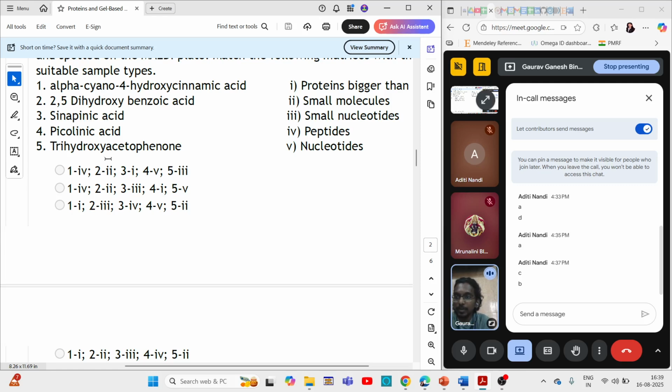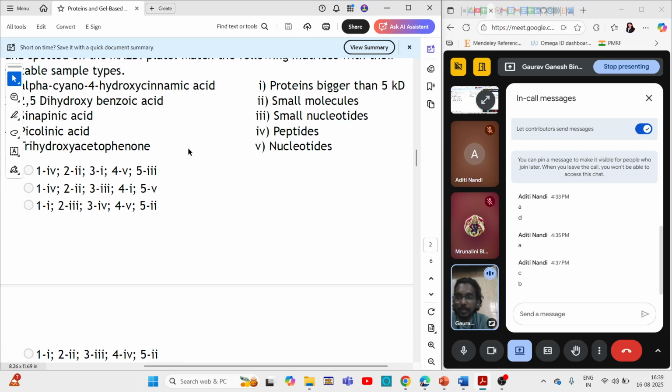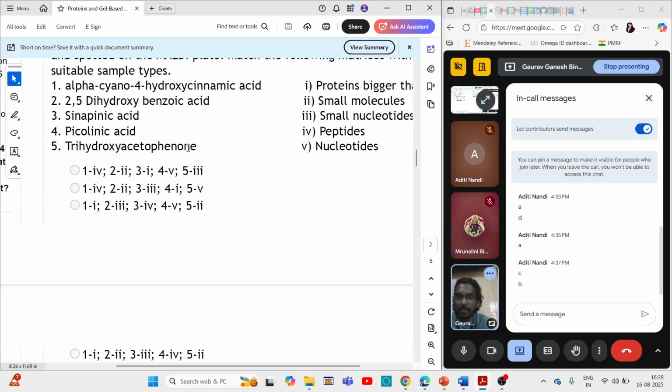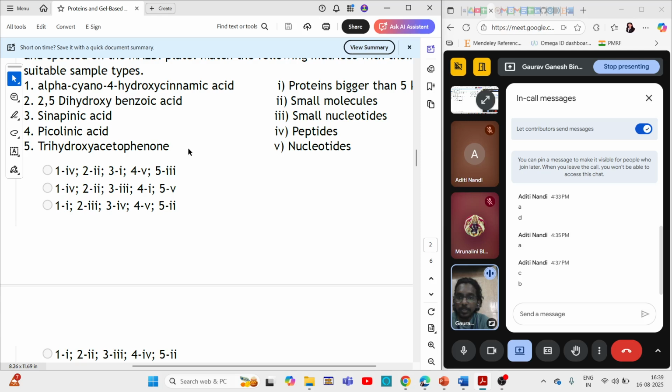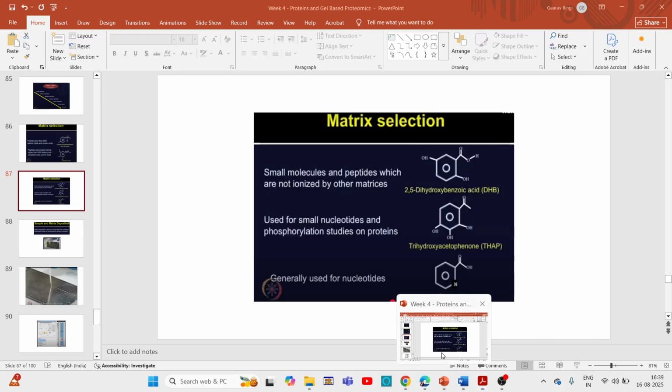We just now said in the third question that this is for phosphorylated, but there's no option for 5. Is it small molecule, small nucleotide? So we know that for small nucleotides, which one is used? If you go through this again, for small nucleotides, we use picolinic acid.